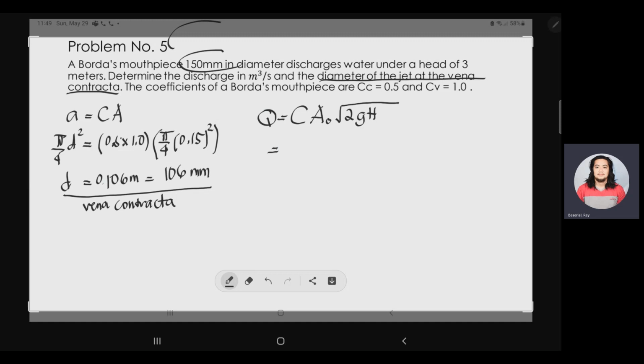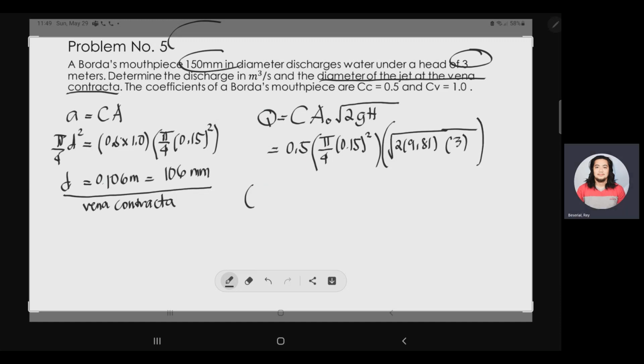So, yung C natin is 0.5. Yung area ng orifice, pi over 4, yung D is 0.15 squared, times square root of 2 times 9.81. Head na, asan na yung head natin? 3 meters. 3.